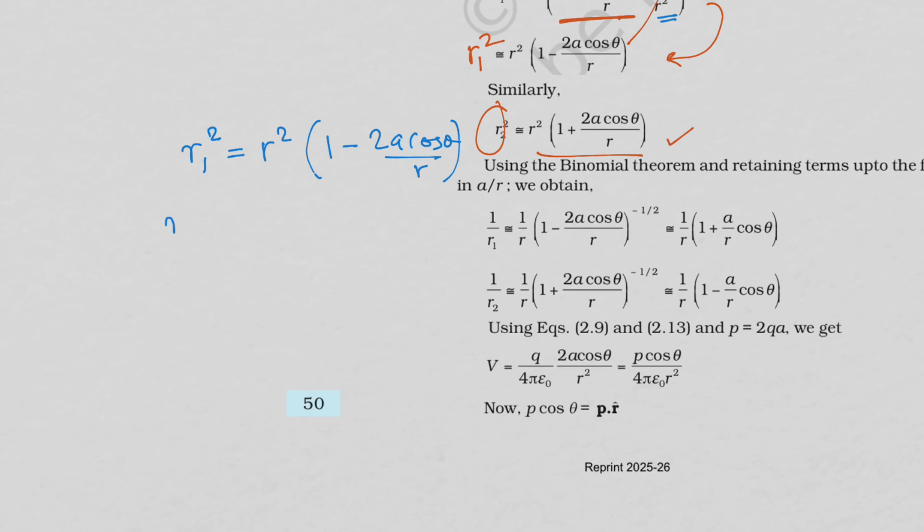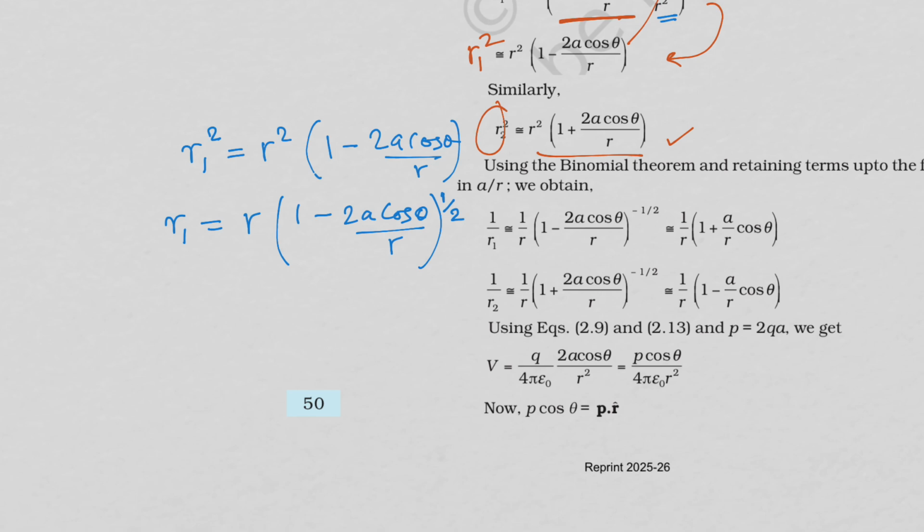So r1 is equal to under root of r square, which is r, and the term 1 minus 2a cos theta by r will be in the power 1 by 2, so under root 1 minus 2a cos theta by r.